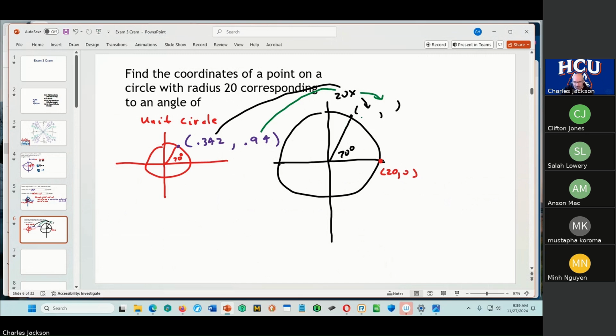And that is going to be, let's see, multiply by 10 and double, so 6.84, and 18.8.